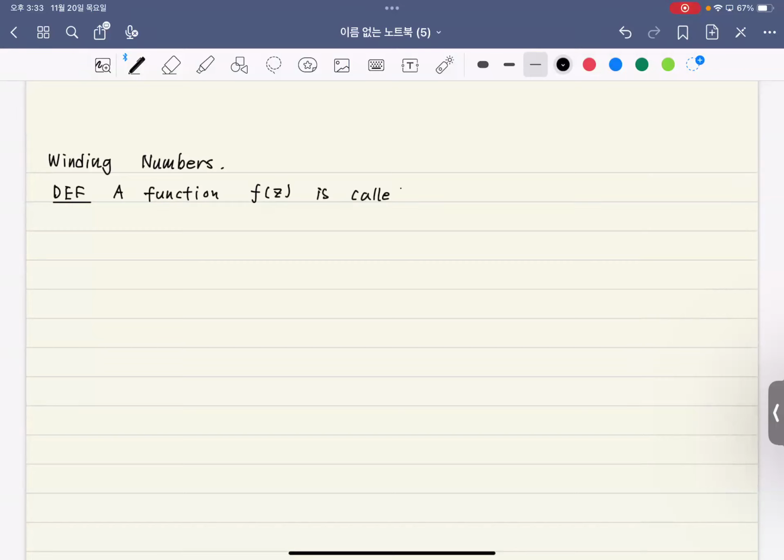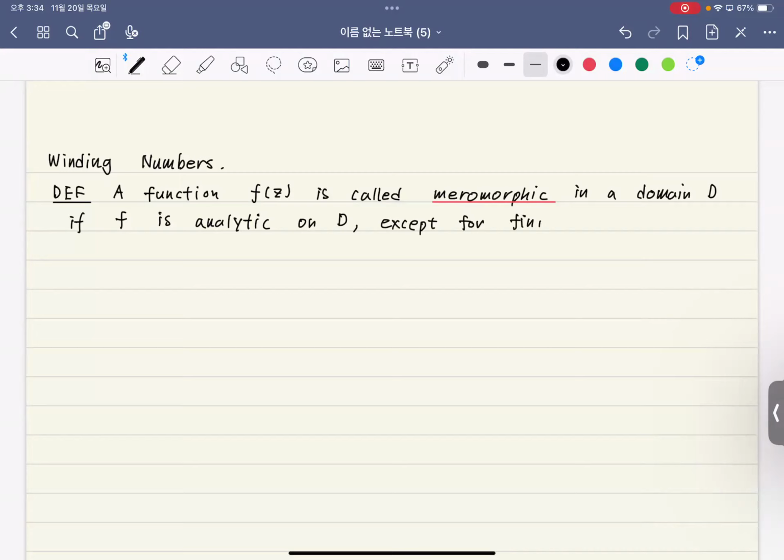We say it is a meromorphic function in a domain D if f is analytic on D, except for finitely many poles in D. Okay, so this is our definition of the meromorphic function.